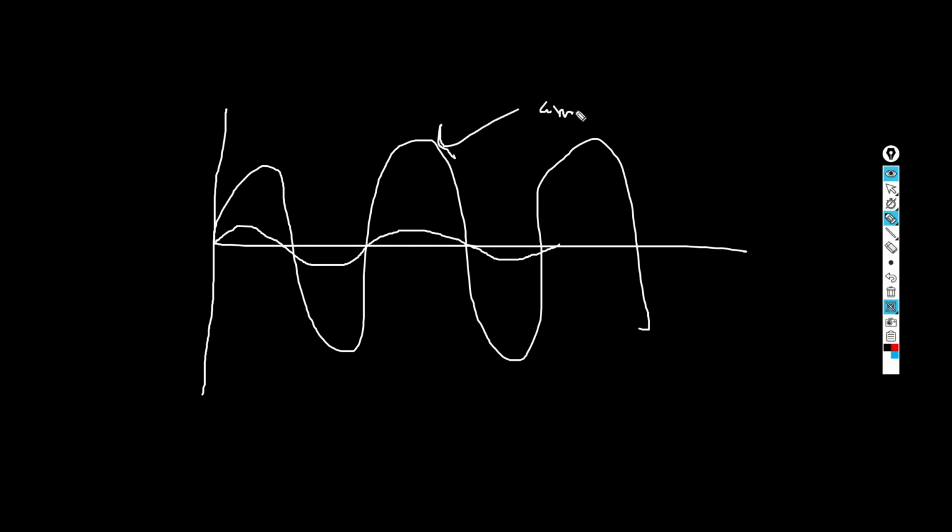So amplitude equals intensity or strength of the wave. So louder, brighter light, whatever. And frequency in a sound wave equals the pitch. So a high pitch means high frequency.